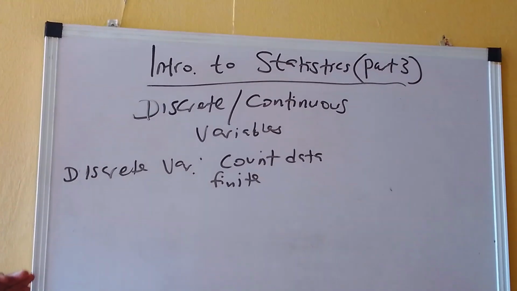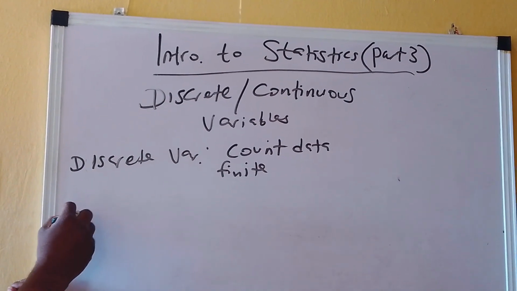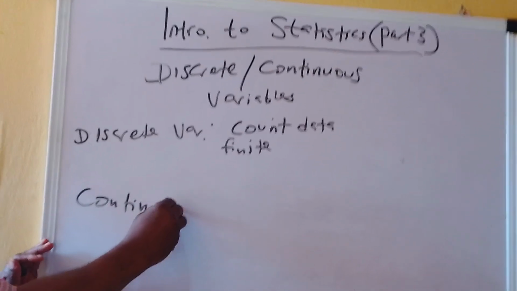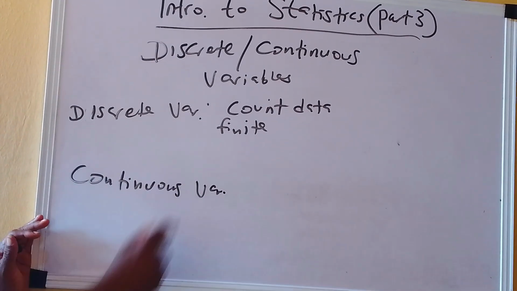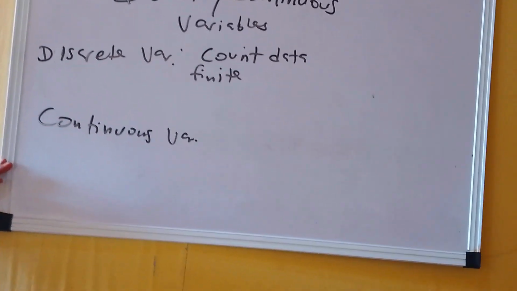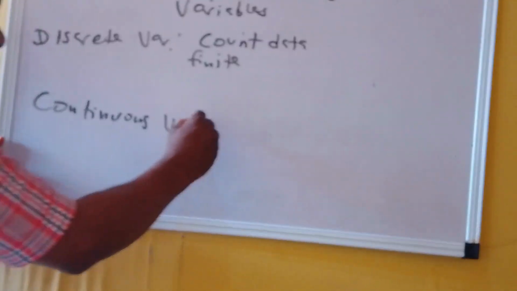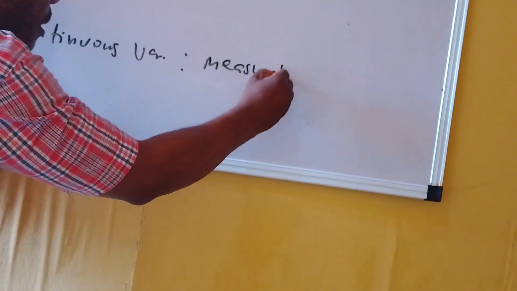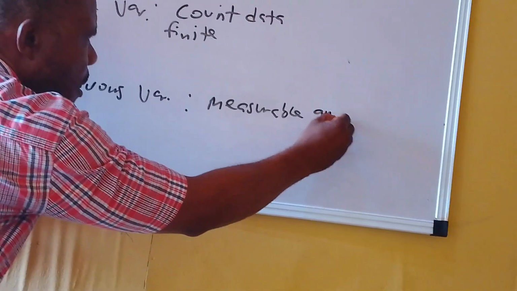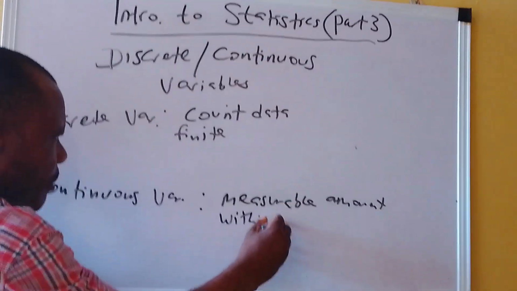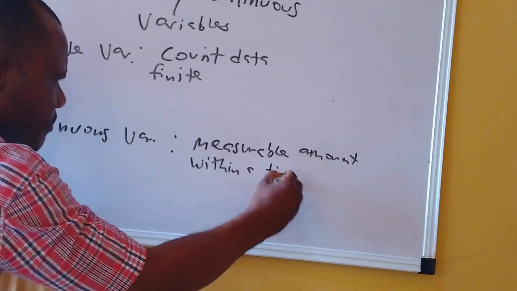So now the other one is the continuous variable. Continuous variables represent measurable amounts that can be measured within a time frame.